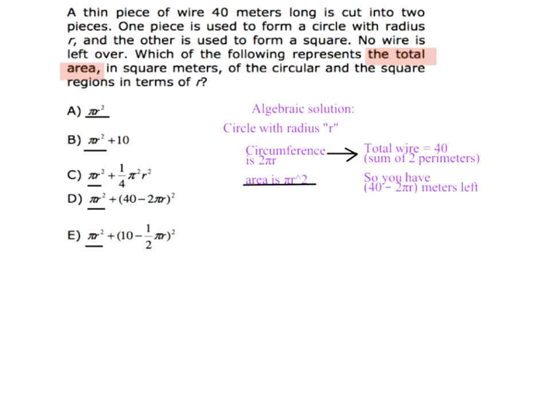So, I mean, this is not awful as far as the reasoning goes. It's just these expressions are sort of icky and bulky. But it's the same sort of idea of here's how much rope we have left over. So that means that's how much total perimeter you have. That means each side of the square is 1/4 of that length.